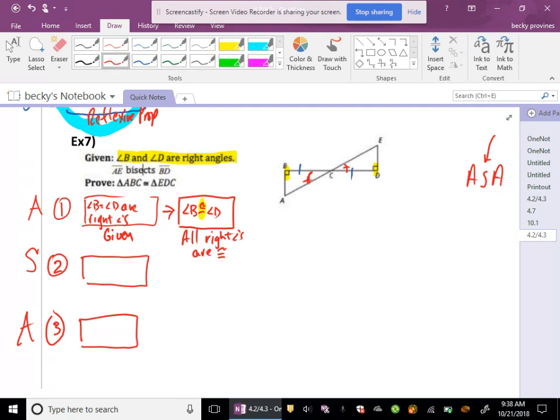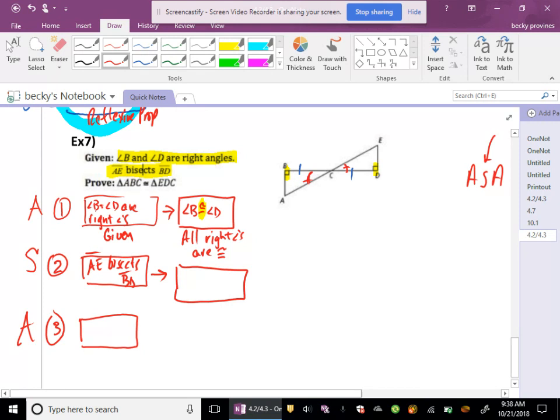The next one, we have, let's see, this information up here, which was AE bisects BD. Now, again, there's not a congruency symbol, so I have to keep going. What 2 pieces of information are now congruent? And I did it in blue up here.